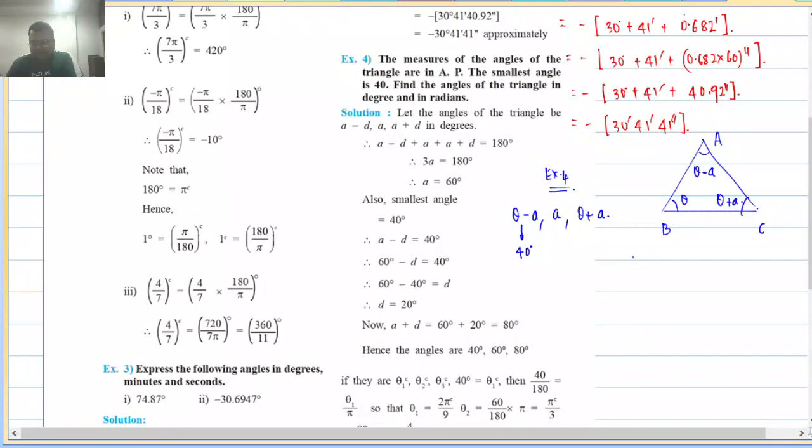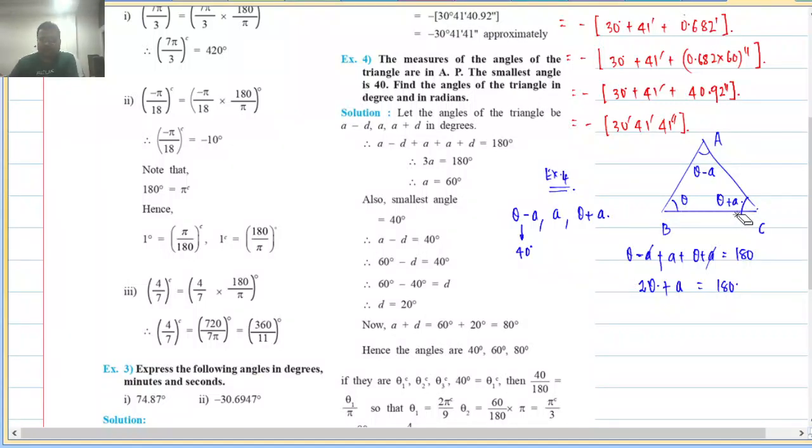So what is the angle sum property for a triangle? Sum of the angles of a triangle is 180. Okay. Fine. So I have 2 theta plus a is 180.